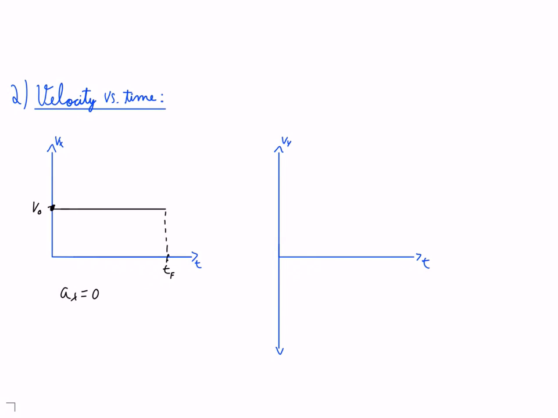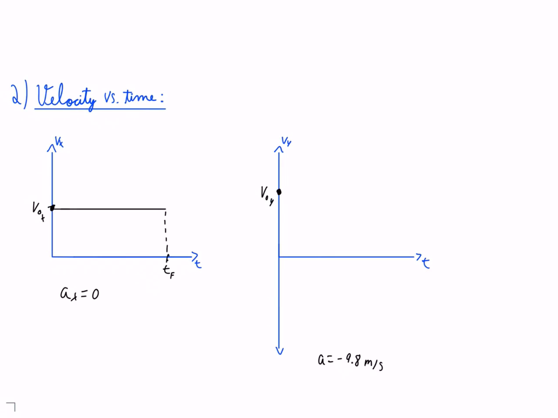Now let's look at the velocity in the y direction versus time. Now there is an acceleration here, and the acceleration is negative 9.8 meters per second squared. And actually, the acceleration is the slope of the velocity versus time graph. So let's say our initial velocity is somewhere around here, v0y.